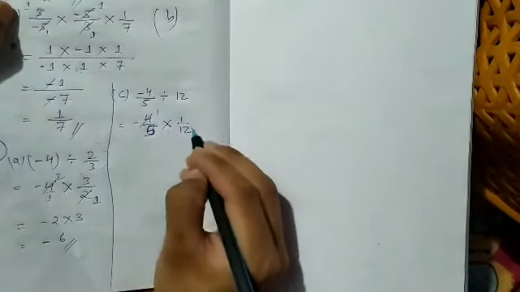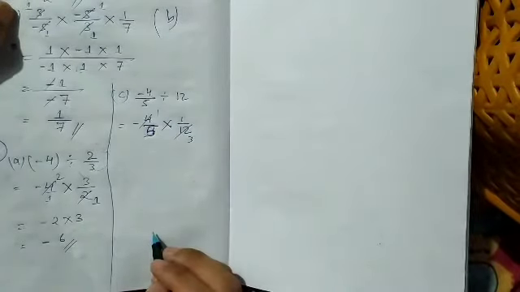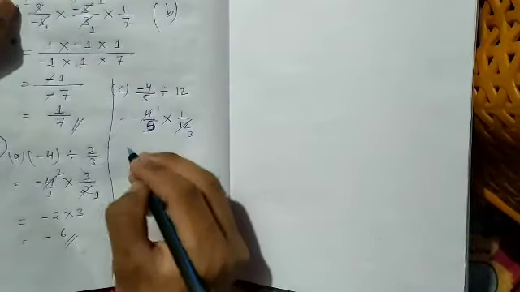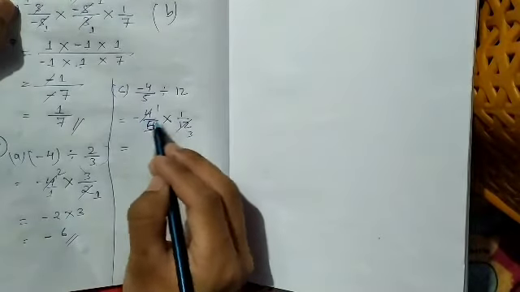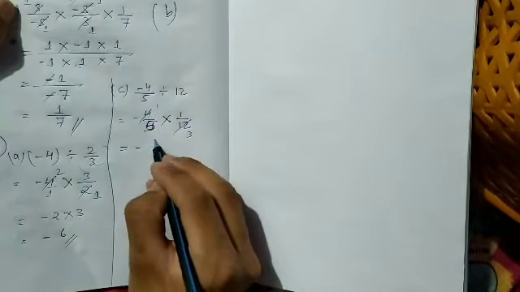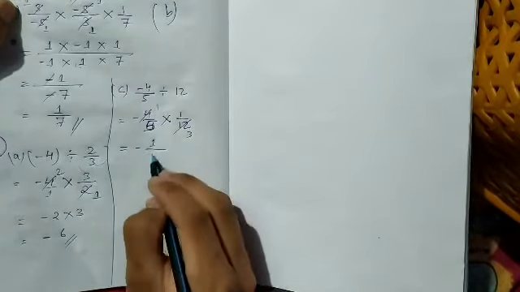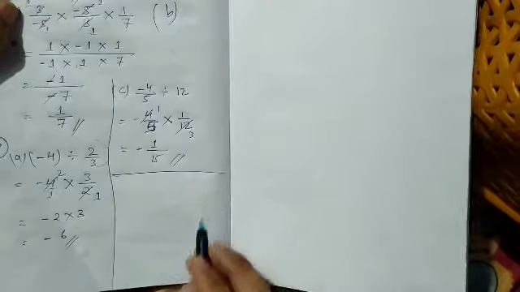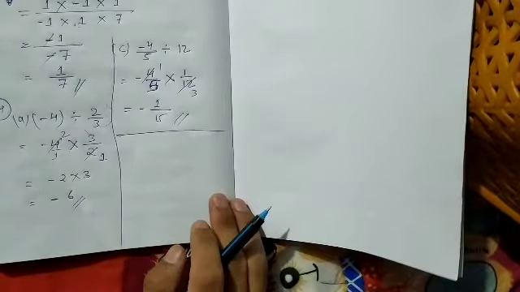So it will be 1, 4 ones are 4, 4 threes are 12, because I can cancel, right? Numerator into numerator, minus 1 into 1, this minus sign you can keep here, 1 into 1, 1, divided by 5 threes are 15. So the answer is minus 1 by 15, right?